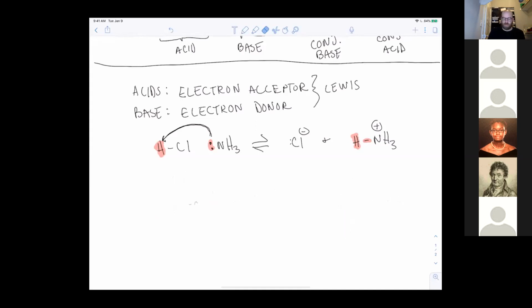I'll use a traditional one. Let's say you've got aluminum trichloride. Let's just say you have aluminum trichloride, and you're reacting it with another chloride. Sorry, the other example I was drawing was just getting too complicated.